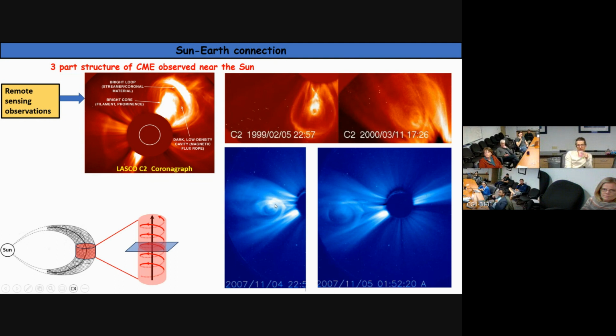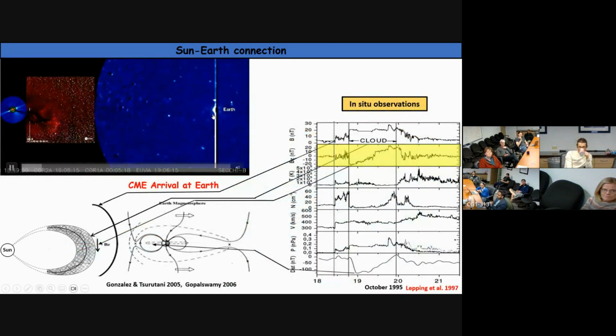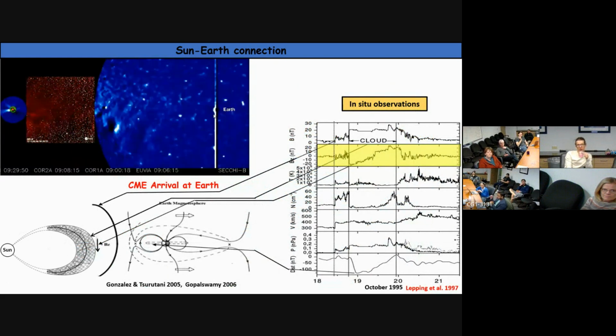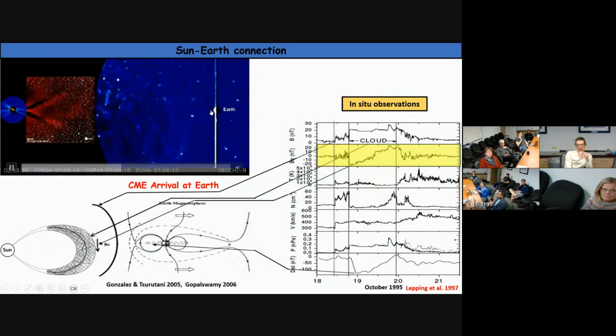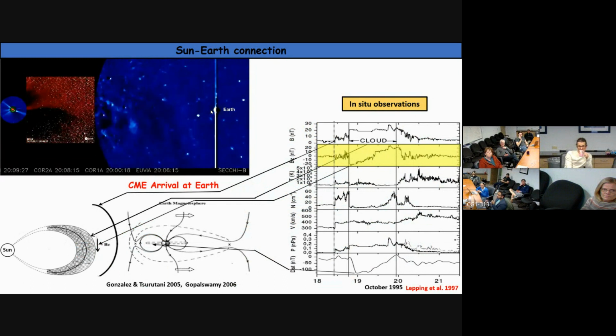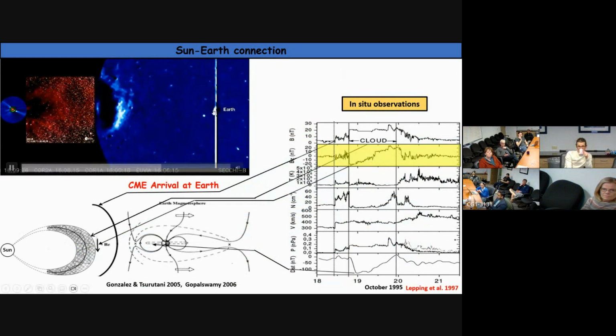Now we have the remote sensing observation, but when these structures erupt from the sun and travel out in space and reach close to the earth, we can also have in situ observations of those magnetic structures. So we can have all the plasma parameter observations from the spacecraft located close to the earth.